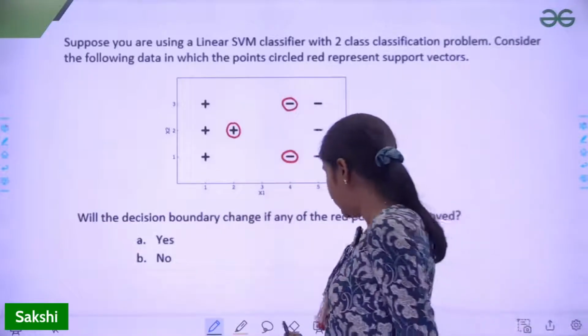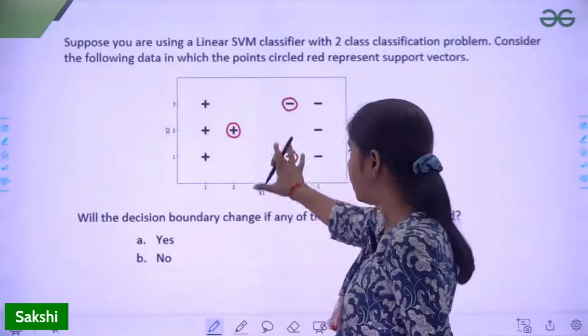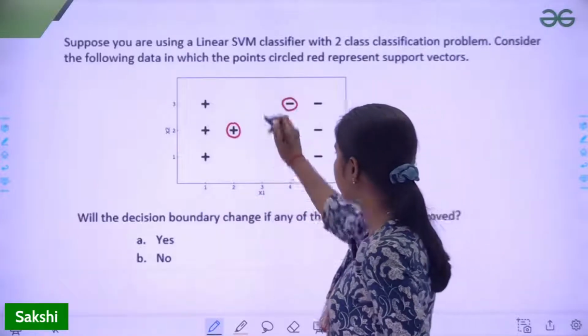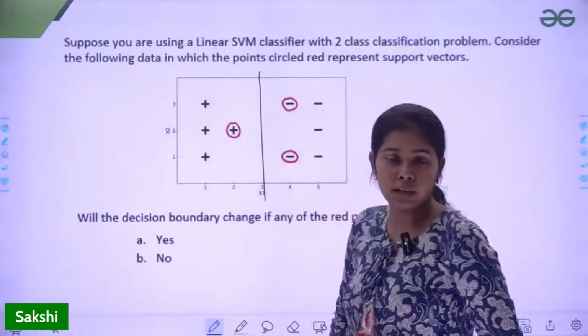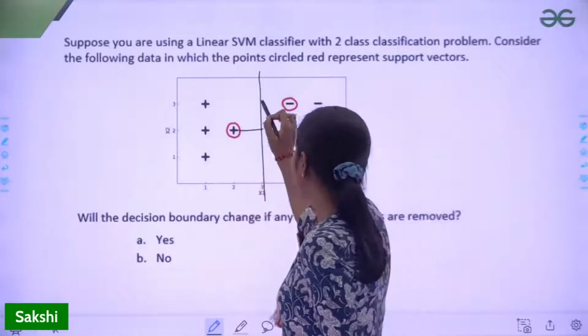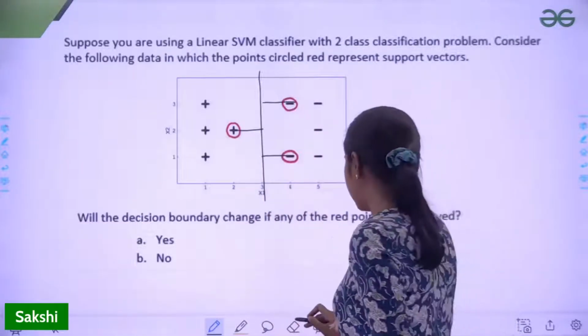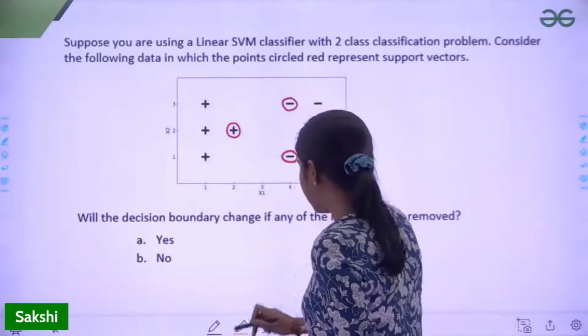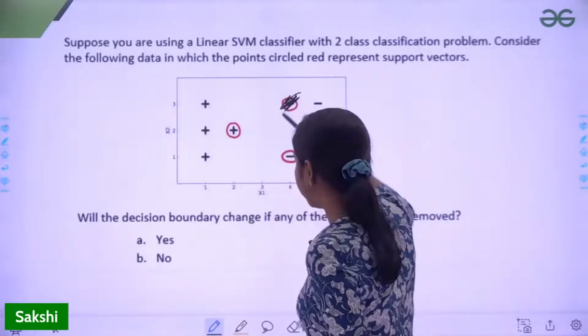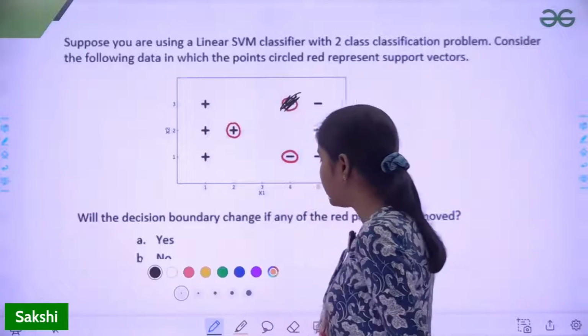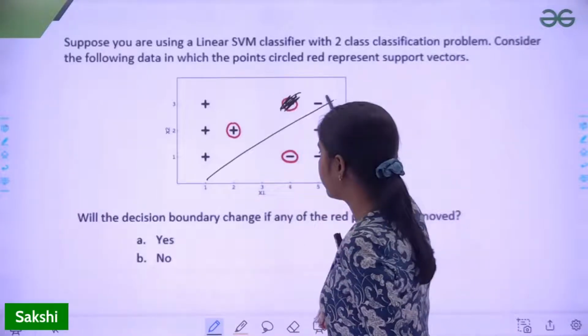You can see that, let's suppose if all these 3 points are my support vectors, then I have this decision boundary here. This would be my decision boundary because now these distances are equal, and this is closest. But let's suppose I remove this point. Then what would be my decision boundary? Then my decision boundary would become this.